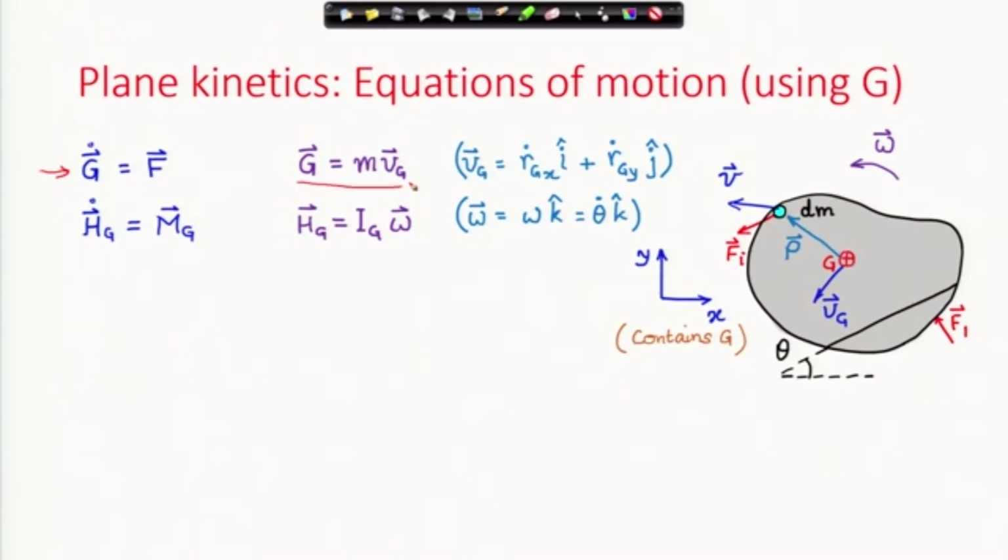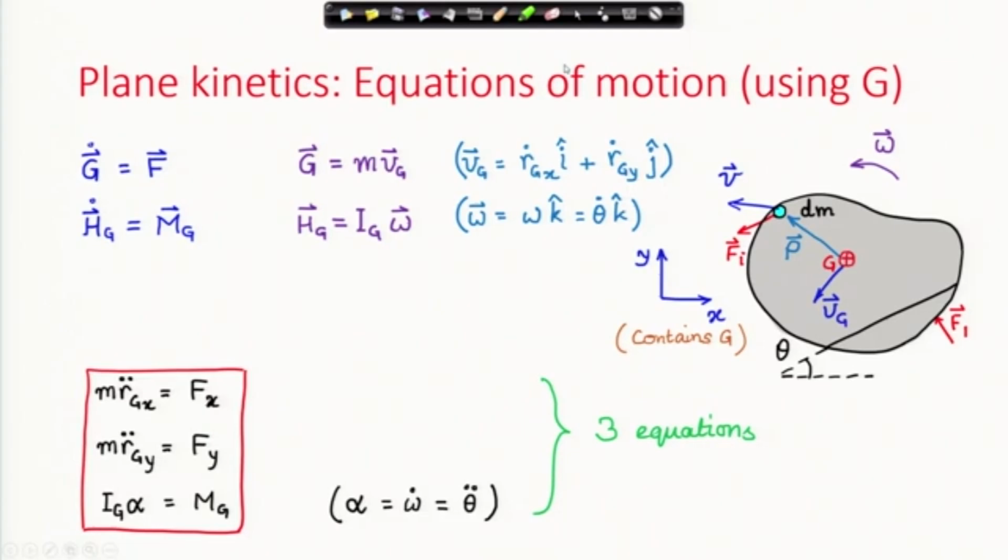Remember that we are considering prismatic bodies with omega perpendicular to the plane. If you write down the scalar equations, the component forms of the above vector equations, then you will have three scalar equations: one in the x direction for the translation, another translation in the y direction, and the rotational dynamics equation, where alpha is the angular acceleration. Therefore, we can solve for three unknowns from these three equations.